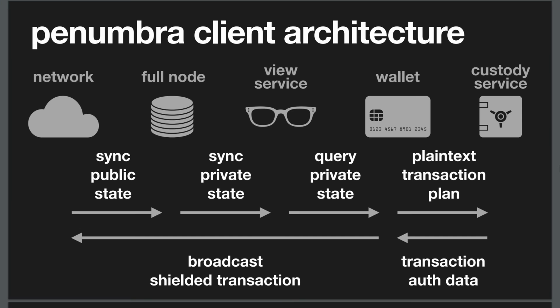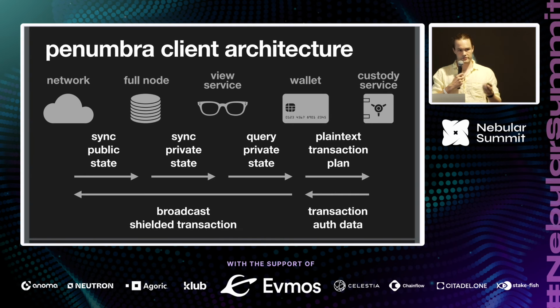And the wallet also doesn't have to worry about any of these details of how I do this hyper-fast, optimized chain scanning thing. We can keep all of that code common and reusable across all of the different client implementations, and have the wallet focus on what is the behavior that I'm trying to achieve.